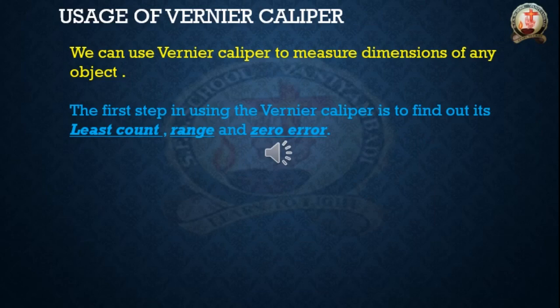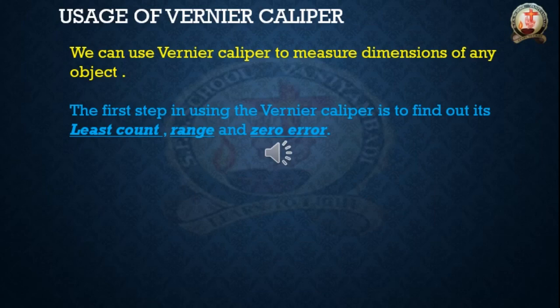The smallest length which can be measured by vernier calipers is called the least count of that vernier calipers. So what is the least count meaning? By the use of that vernier calipers, how much smallest length you are finding of any object, that is the least count.